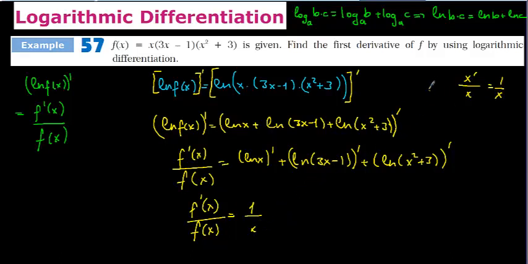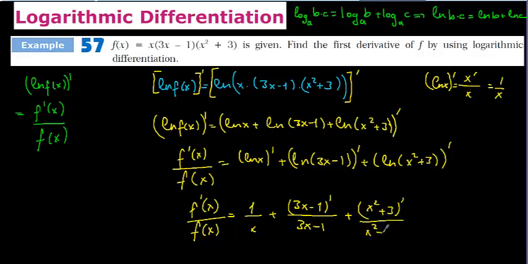So here the derivative of ln x, plus the derivative of (3x minus 1) over (3x minus 1), plus the derivative of (x squared plus 3) over (x squared plus 3).